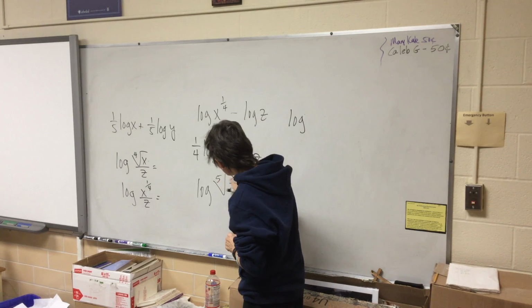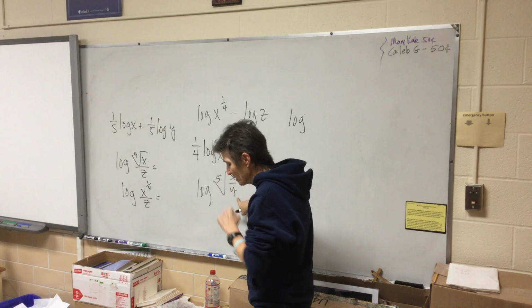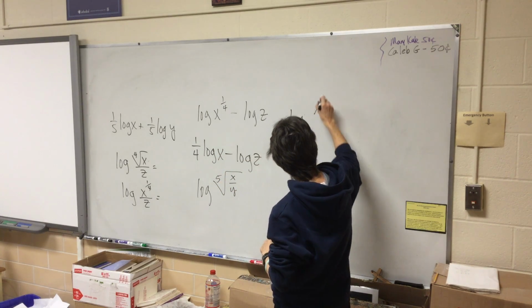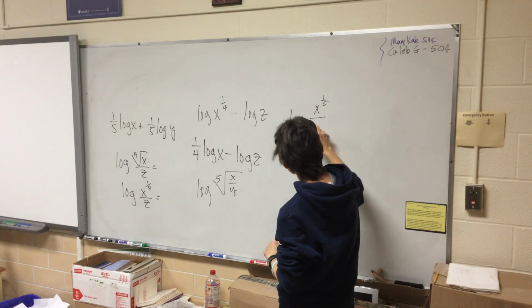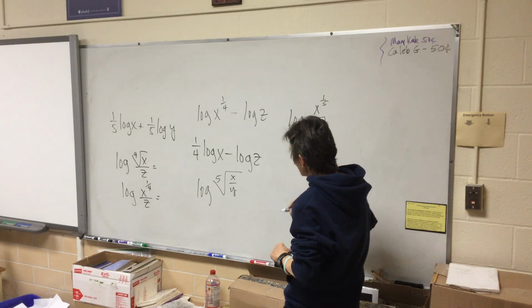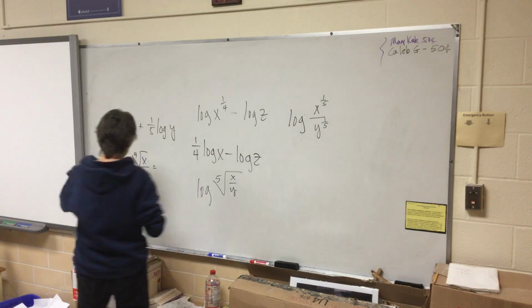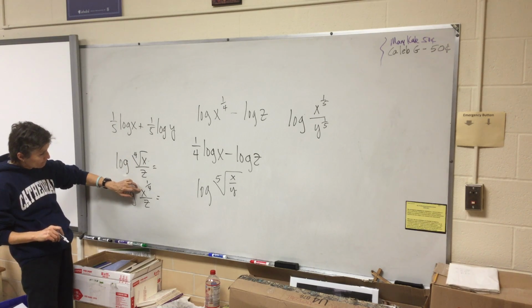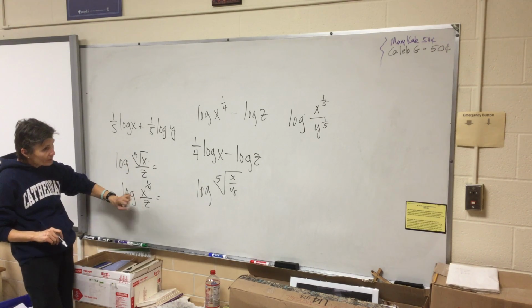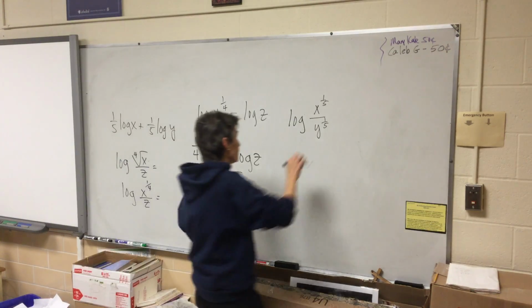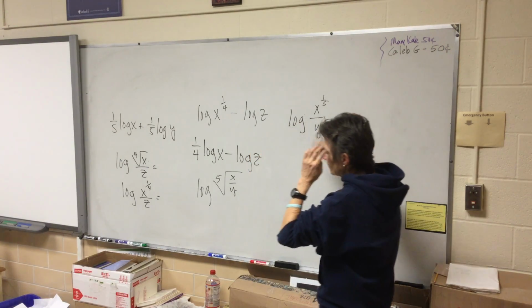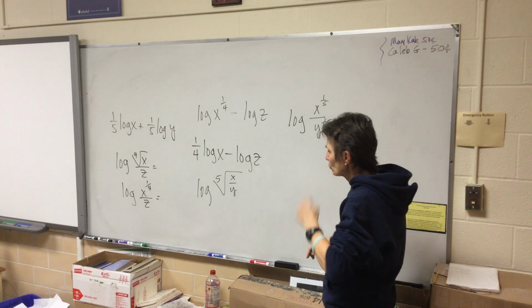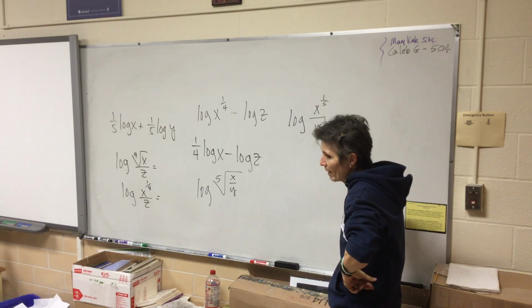Well, don't they both get the radical? So they'll both have a fractional exponent. In this problem we just finished, only the x got the 1/4. The z did not. But here, they're both going to get the 1/5. Remember, a 5th root is a 1/5 power.